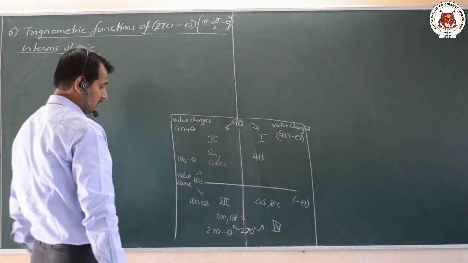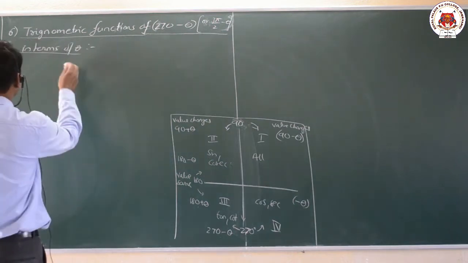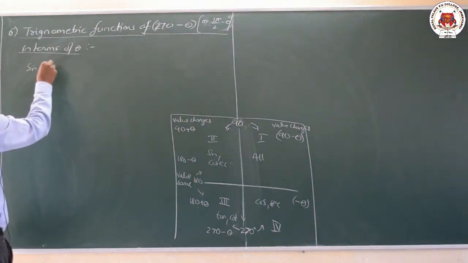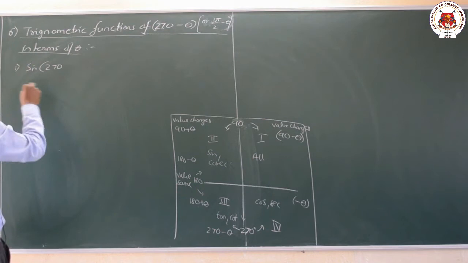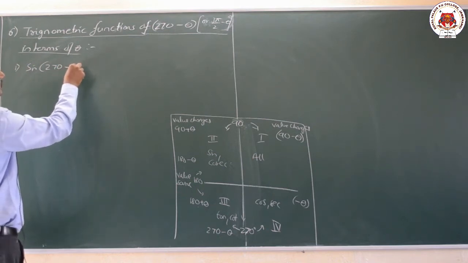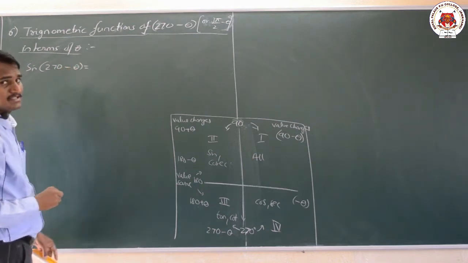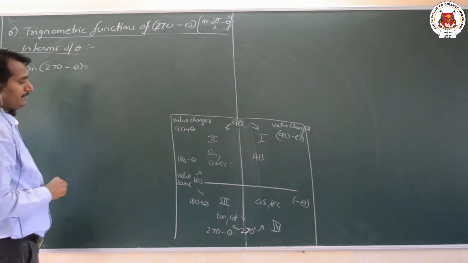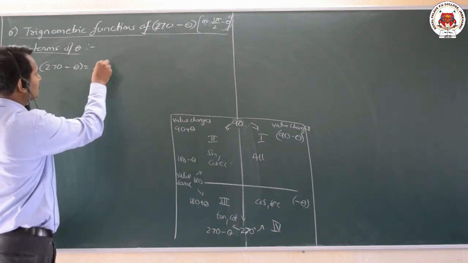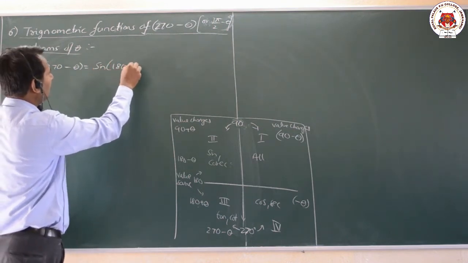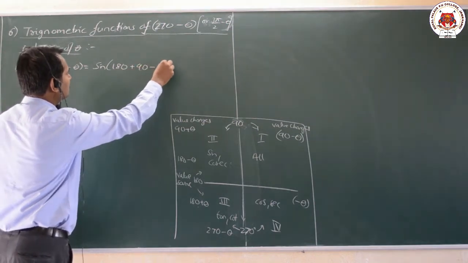Let us observe the sine of 270 minus theta. What I can write is sine of 180 plus 90 minus theta.